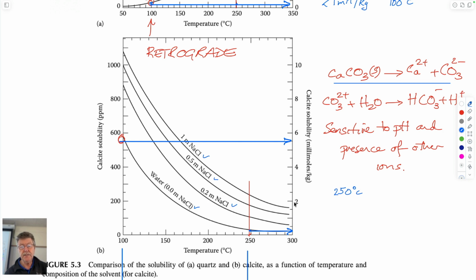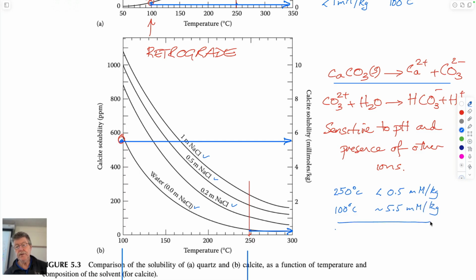So this is 2, this is 1, this is 0.5. So this is less than 0.5 millimolar per kilogram. And if you look at it at 100 degrees centigrade, then it's 5.5 millimolar per kilogram.